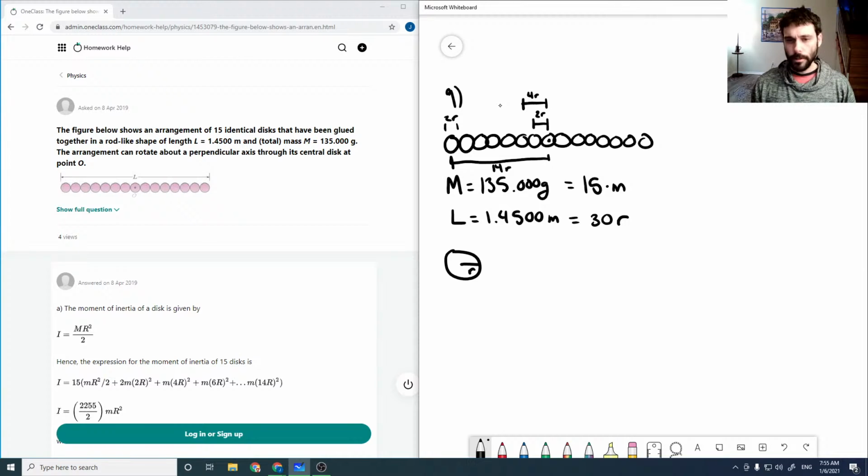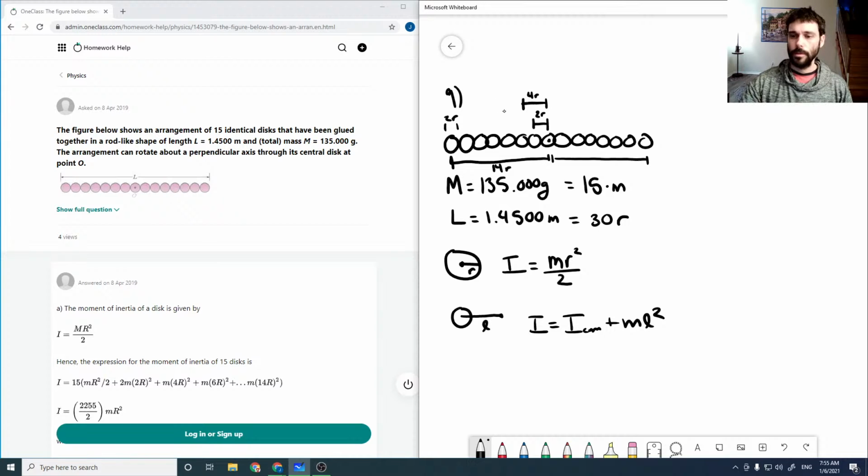So the moment of inertia about a disk, about its center, is mr squared over 2. If we want to displace to a new axis, where I have some distance L, then our moment of inertia is just the center of mass inertia plus ml squared. And so we can see that each one of the disks we can treat this way. And in fact, because it's the same on both sides, we can double up.